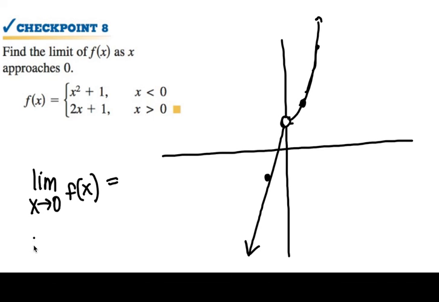So in order to do this, we need to check the limit as x approaches 0 from the left. And that is equal to, let's see, from the left, looks like it's approaching this 1 right here. So from the left it's 1. And then from the right, it's also approaching that 1.